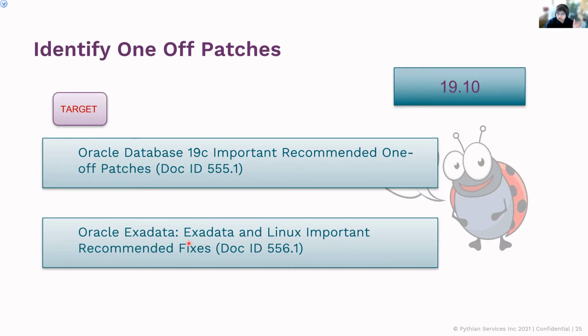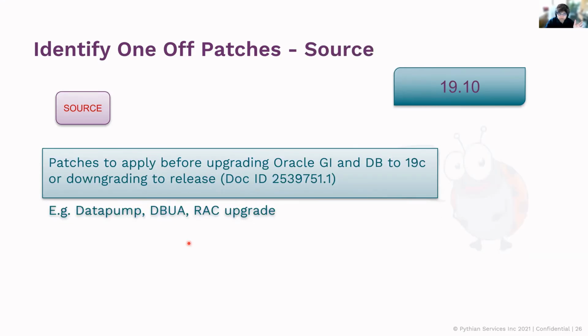Now, the other thing that you also need to be careful about are your source systems. For your source system, you do need to look at Data Pump, DBUA, RAC upgrade. There could be bugs related to root.sh, right? At times, you just issue a root.sh when you're upgrading your cluster, and that can lead to issues. So it's always a good idea to refer to this particular article, and you will find the recommended patches for your lower version, your source.